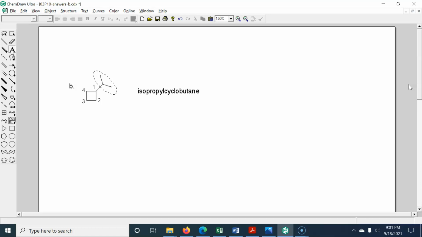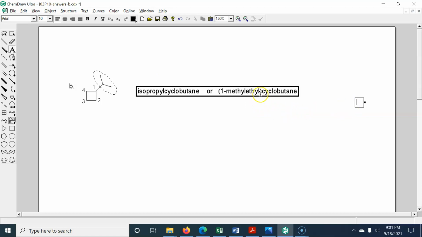Now I mentioned that there's a systematic way to name this branched substituent. That way is 1-methylethylcyclobutane. 1-methylethyl is the same thing as isopropyl. The way you get this is that you number the branched substituent as number 1 at the point of attachment.